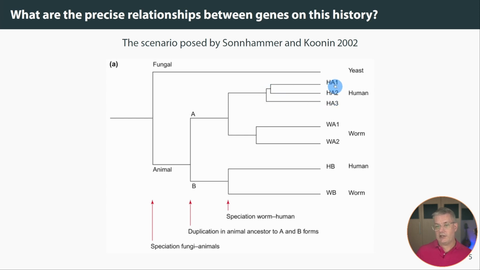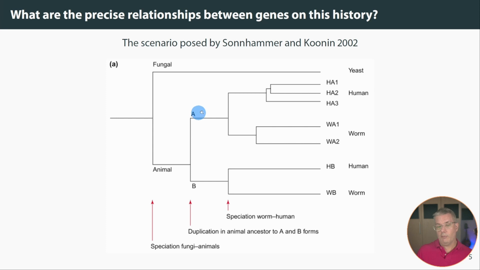But what about HA1 and HB? Well, they're also paralogs, but they have a different relationship than, say, HA1 does to HA2, because this gene duplication dates all the way back to this point. So we can look at a particular duplication, and we can ask, did it occur before or after a particular speciation, assuming we know the branching order.